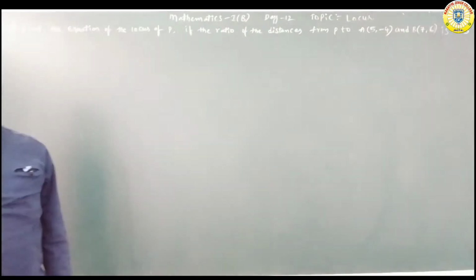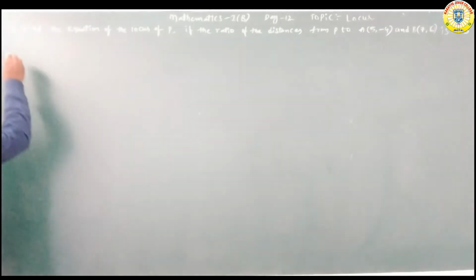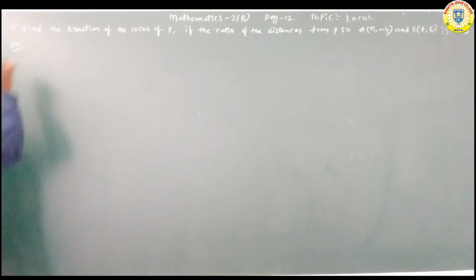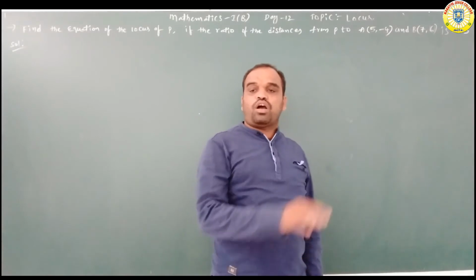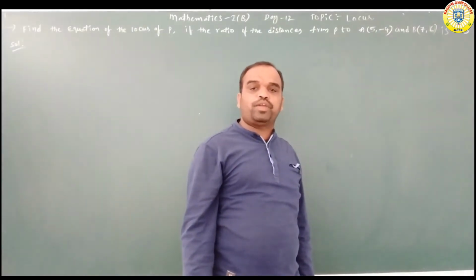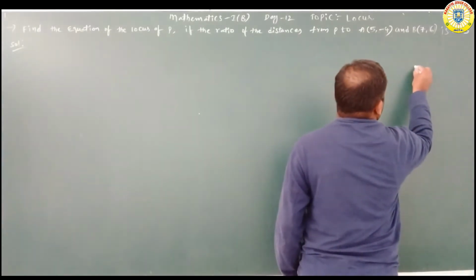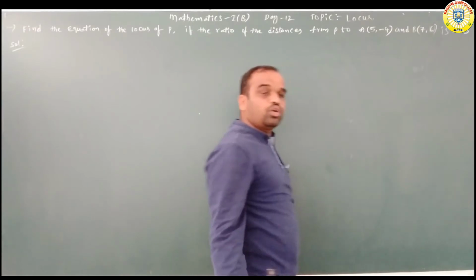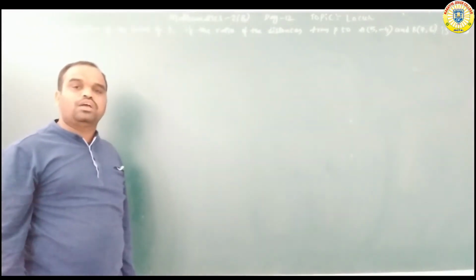See what is the given geometric condition: the ratio of the distances. The distance from P to A is PA. The distance from P to B is PB. The ratio PA is to PB is 2 is to 3. That is the given geometrical condition.